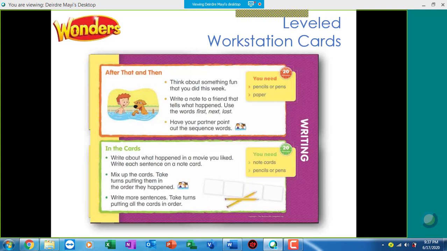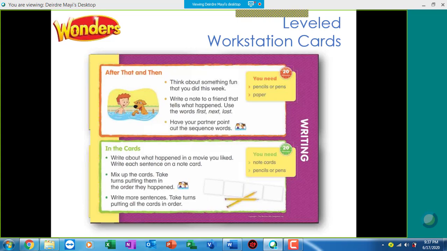Orange is the color of approaching level. There's another activity that has a green rim. Green is the color of beyond level. The only group that does not have an activity on these workstation cards would be your English language learners.